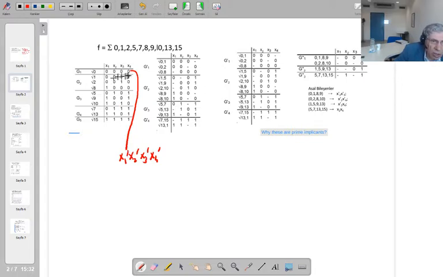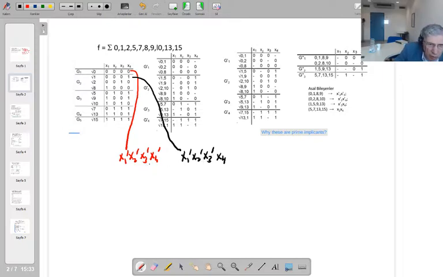And this another one here, let me write it in different colors. x1 prime, x2 prime, x3 prime. Since the last one has value 1, so x4. If you look at these two product terms, they are good for a variable elimination operation.